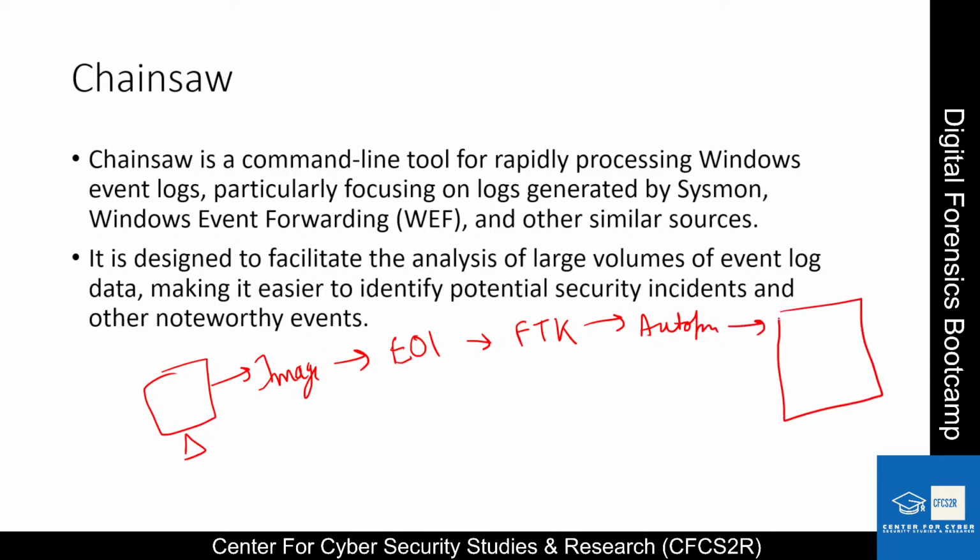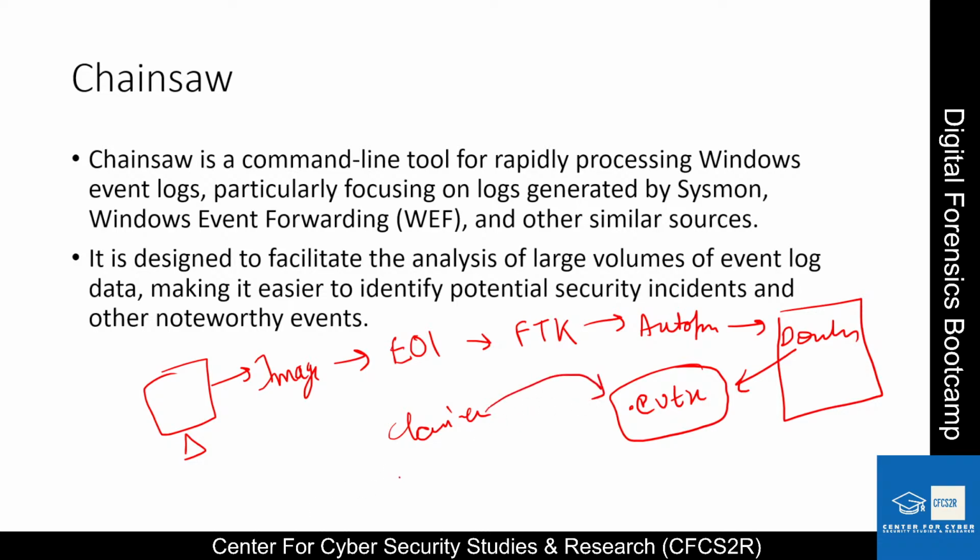Autopsy gives you a functionality to download the file. You have downloaded the EVTX files, that is, Windows event log files, and now Chainsaw will analyze these files. So basically Chainsaw is doing the analysis of the event files.